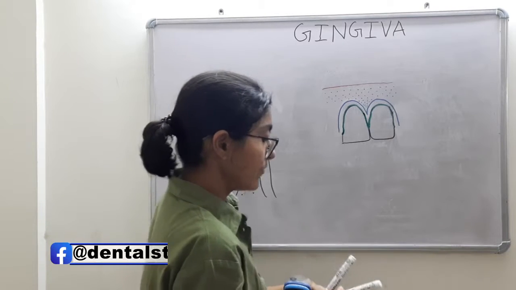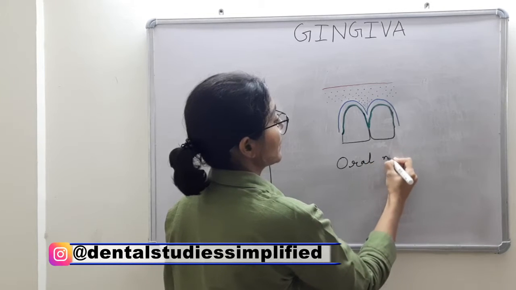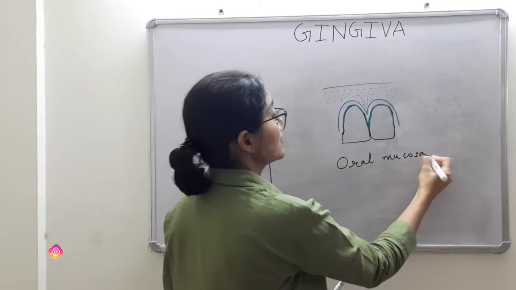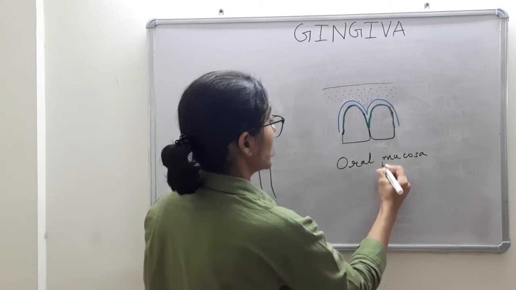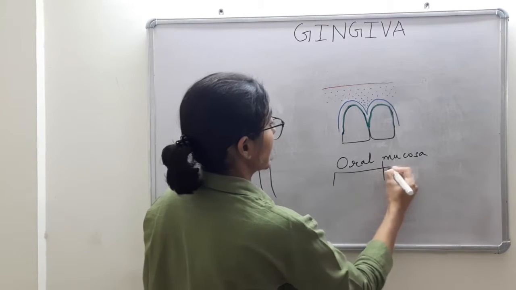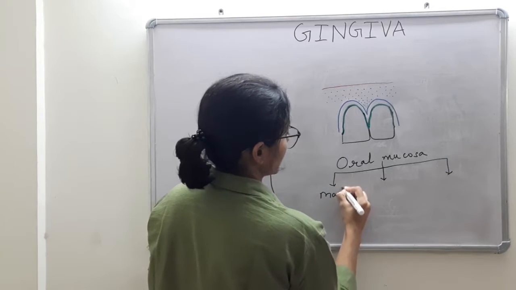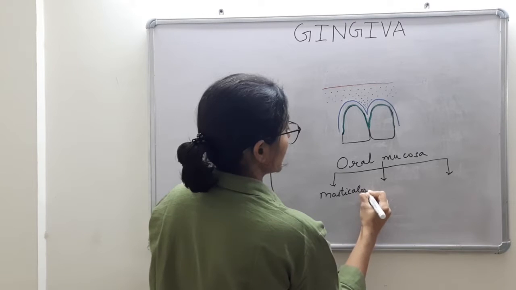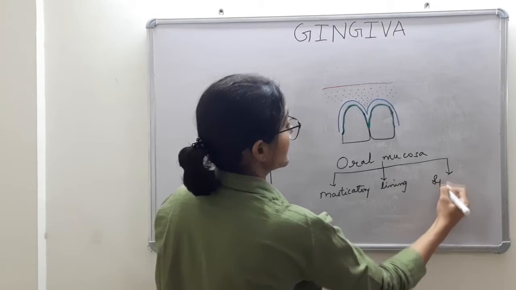But before beginning with gingiva, let us discuss what is oral mucosa. All the tissues present inside the oral cavity are oral mucosa. Mainly they are of three types: masticatory, lining and specialized.